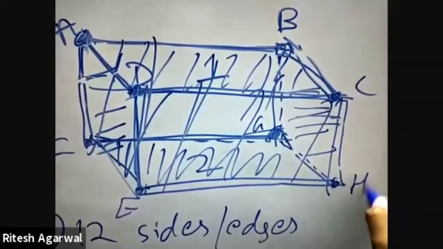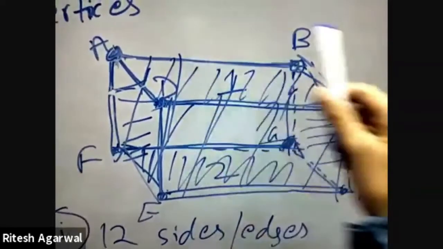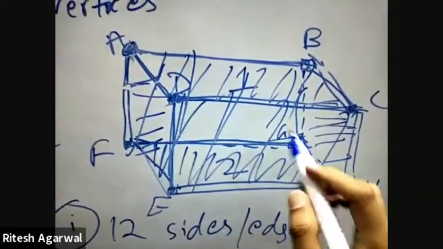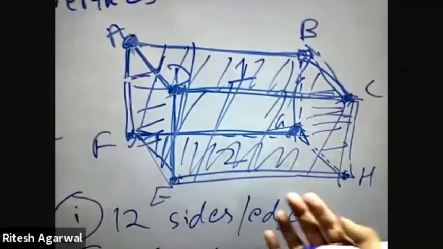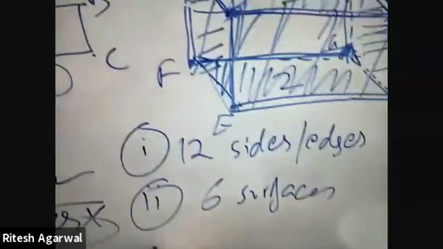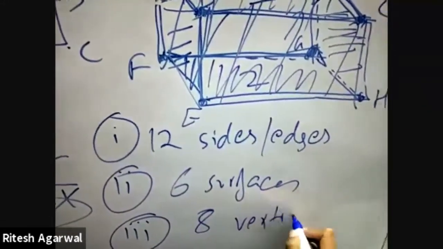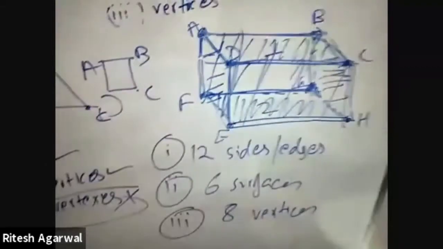It's H. So A, B, C, D, E, F, G, H. Now we are done with it. In total, we are having 8 vertices.